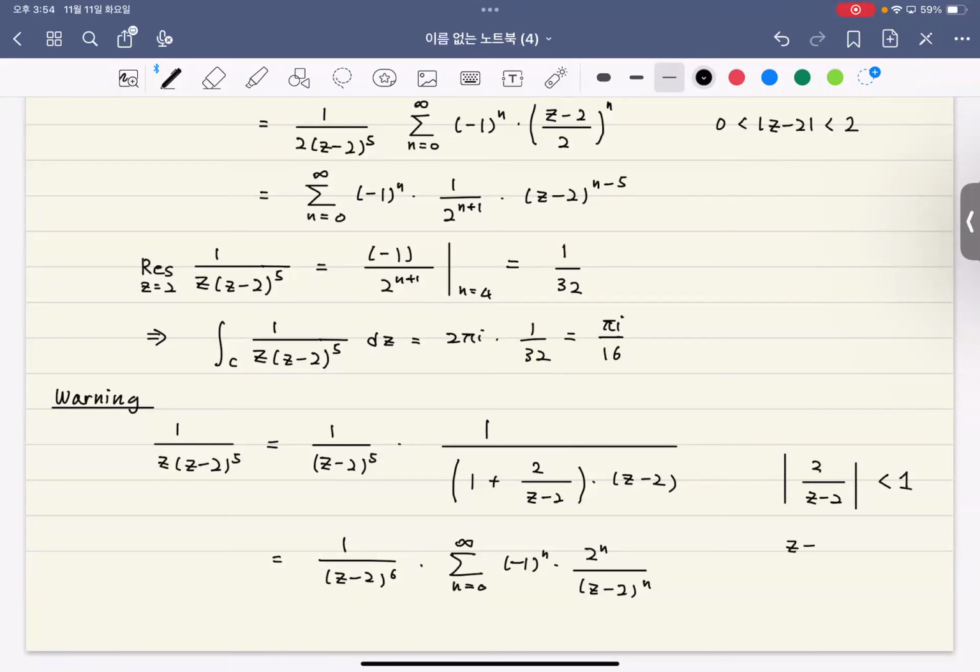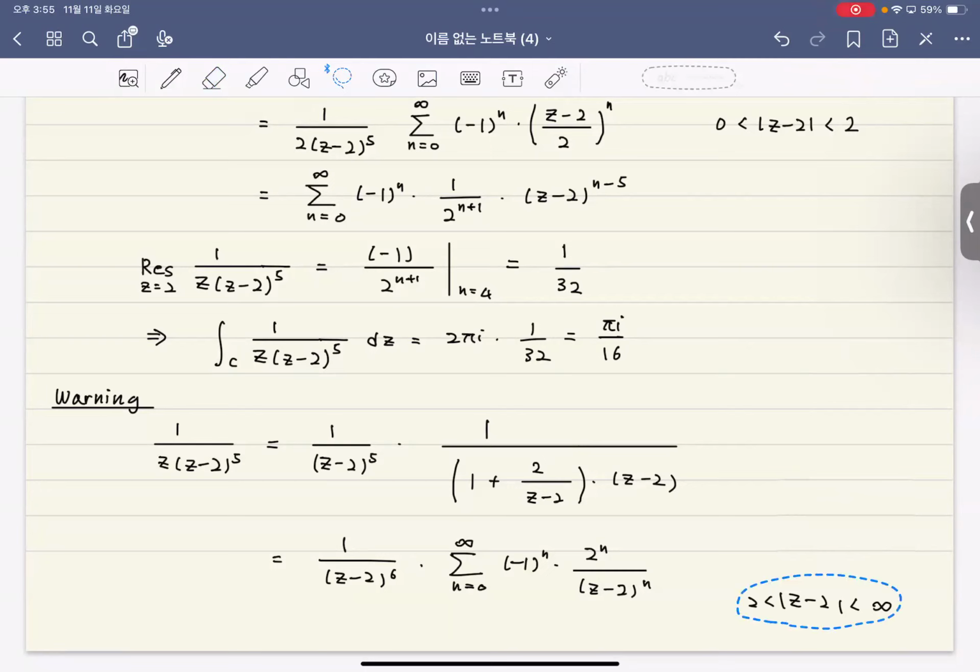So this expansion is true for this region. Since this number is not 0, we cannot say this is the principal part. So you can never find any principal part from this expansion. Don't be confused.